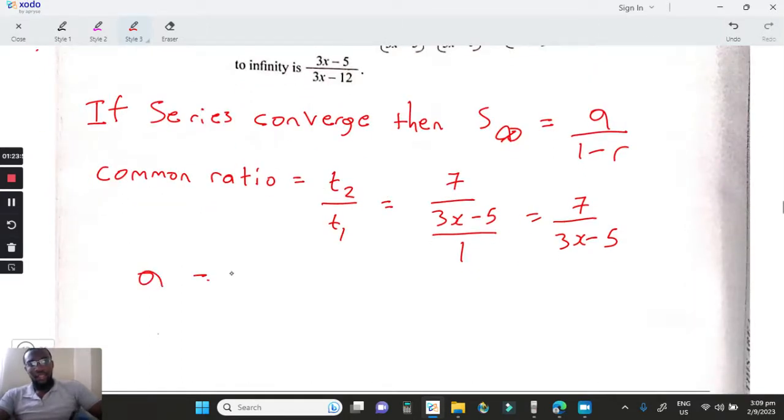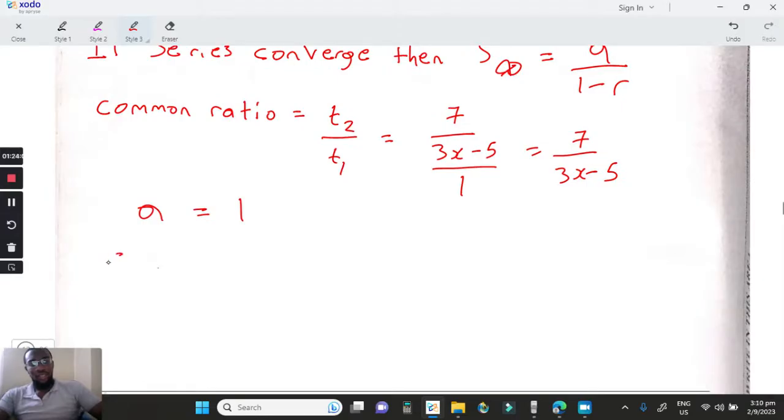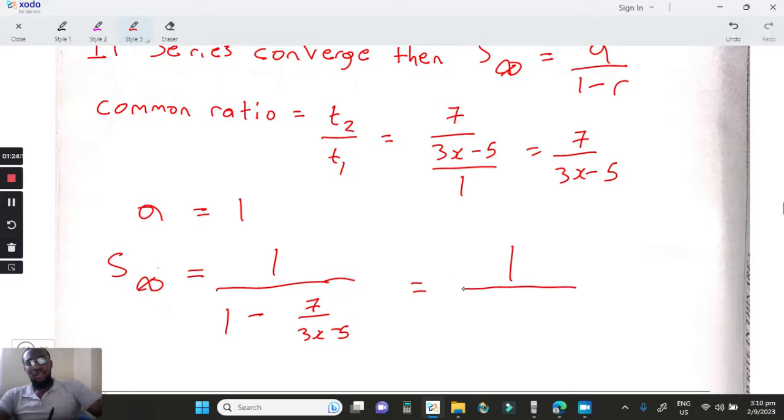So now the sum to infinity is a over 1 minus 7 over 3x minus 5. In that case, this is 1 over, anywhere you see 1, you can write it as one fraction. 1 by itself is 3x minus 5 over 3x minus 5. And then we're subtracting 7 over 3x minus 5.